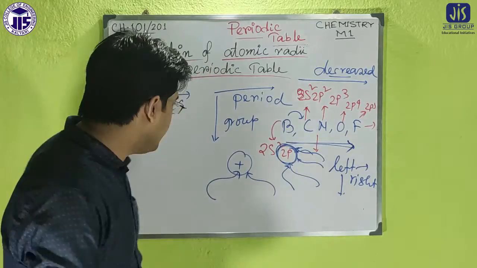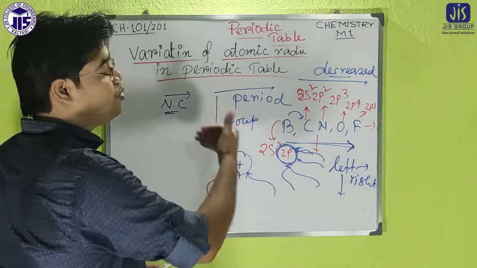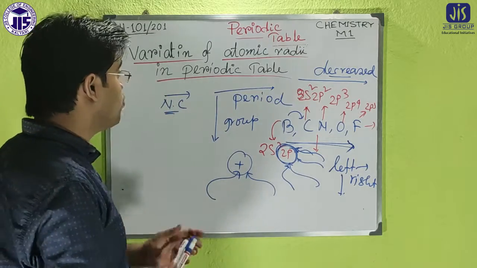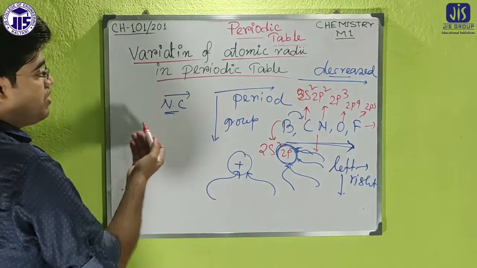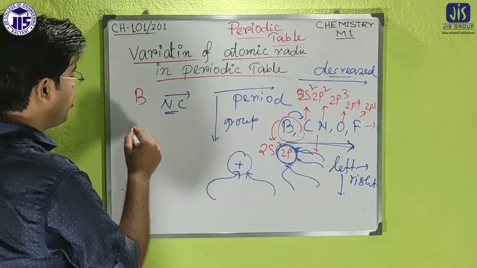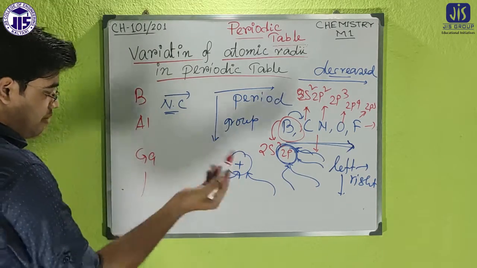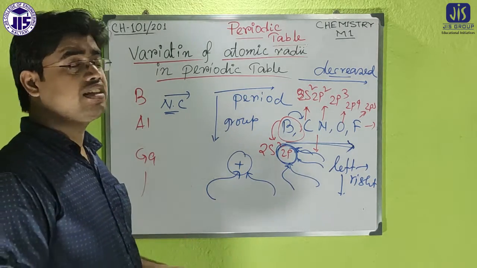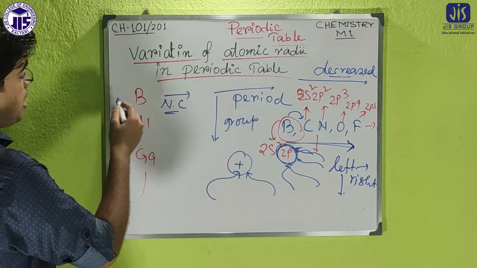Now if you come across the top to bottom, that means according to the group, then what change can you observe? From top to bottom, if we write down the boron group: boron, aluminium, gallium, indium, thallium, there are so many elements present here.